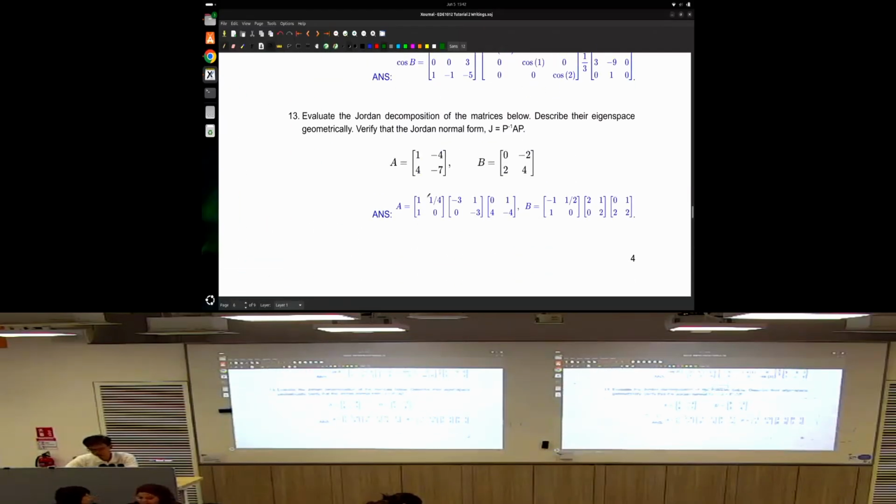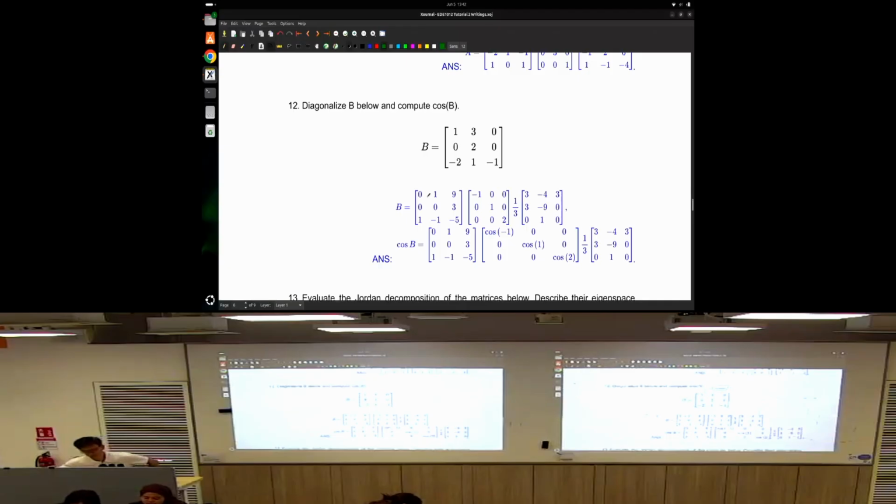Question 12 is also the same type as the earlier question, whereby the matrices are 2 by 2. You just diagonalize. You can see a lot of zeros here, so it's quite nice to find the eigenvalues. Subsequently, you need to do cosine B. Cosine B really just takes the cosine of the eigenvalues, and the P and P inverse do not change.